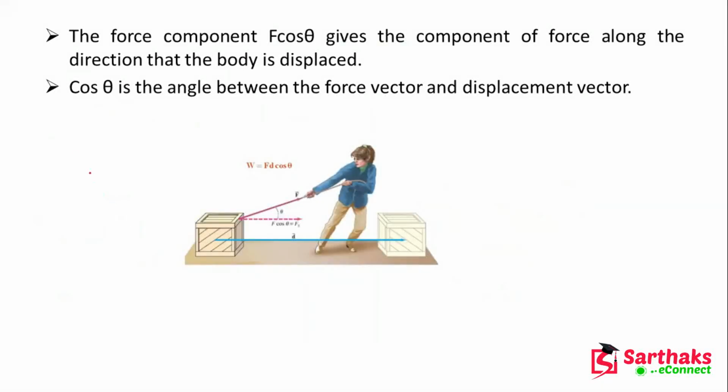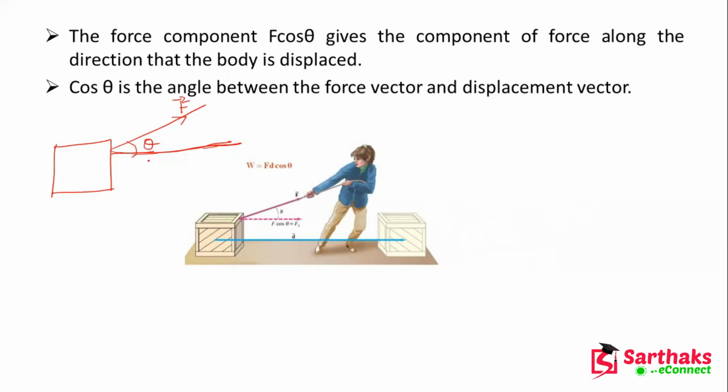Suppose this is a box and I am applying the force in this direction, with the horizontal. Assume this is horizontal, because my drawing is so good, so please assume that.